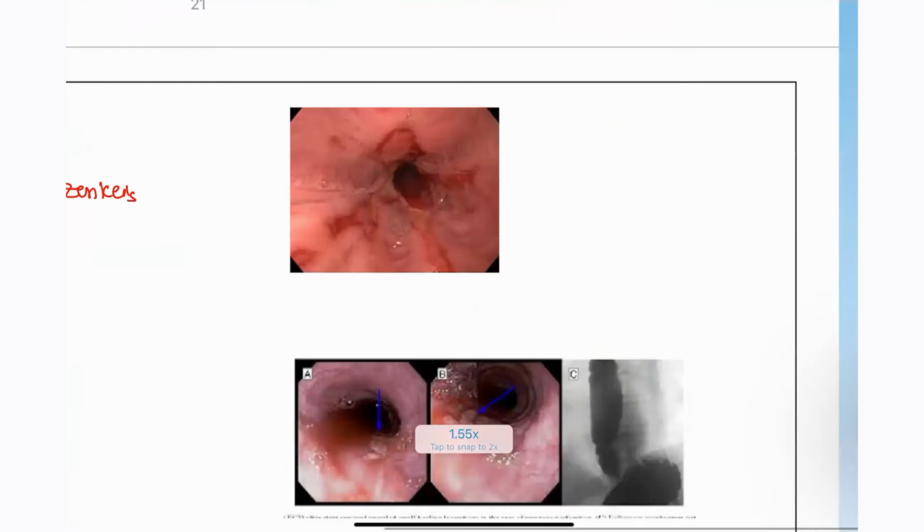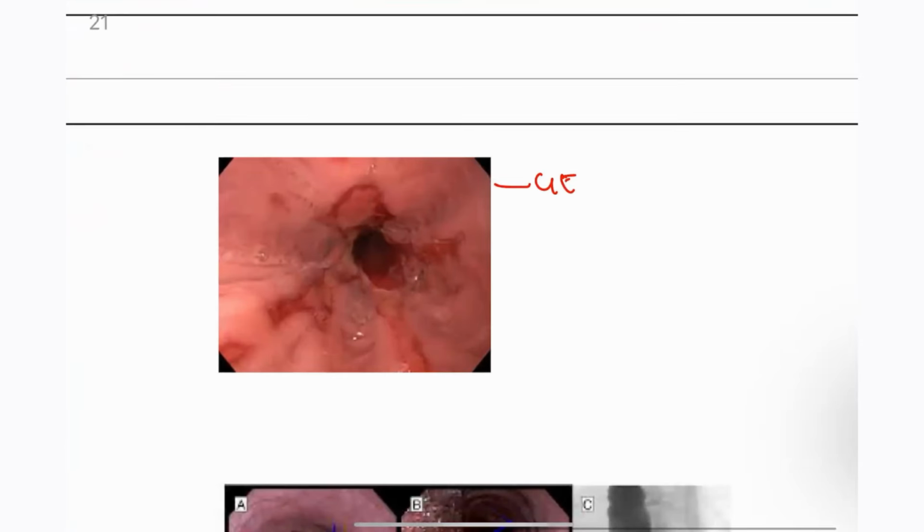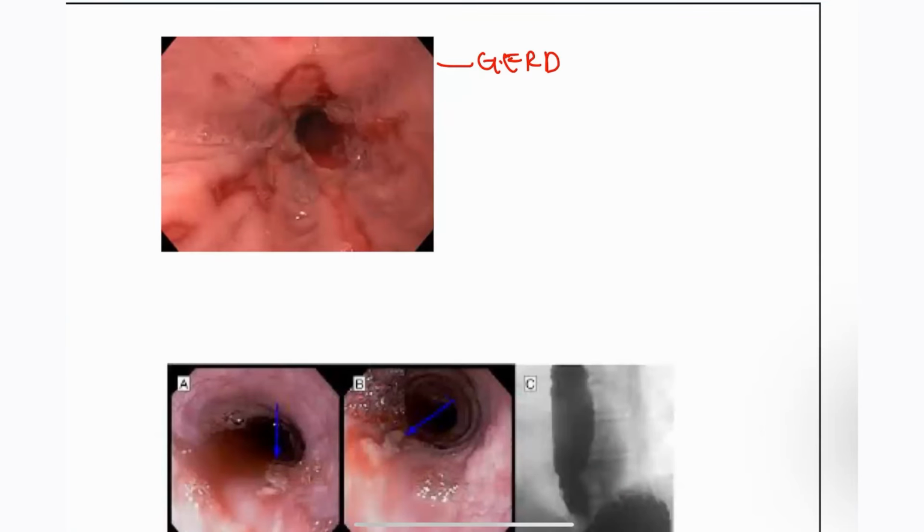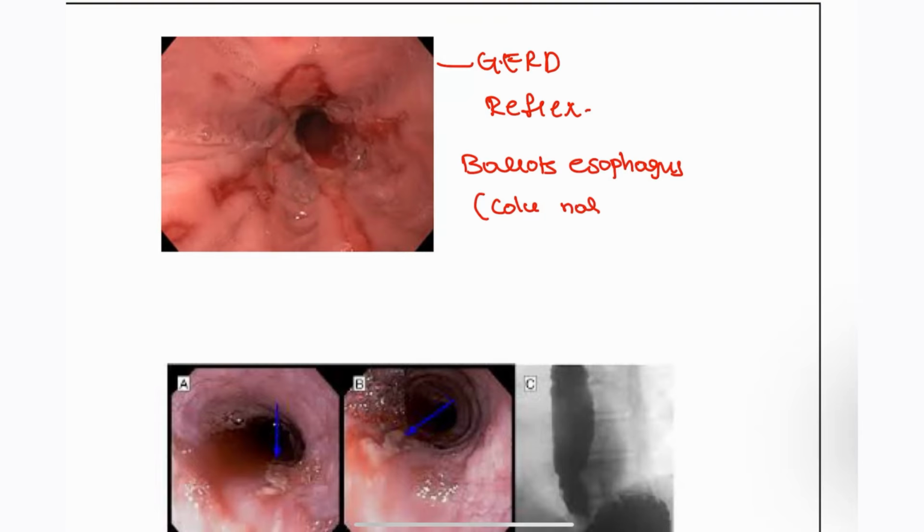Next, this is the condition of GERD. Regurgitation will be seen in this patient. There is a lack of relaxation, and at the same time reflux is also seen. What complication can we expect in this patient? Barrett's esophagus, which is actually columnar metaplasia, and it can progress to carcinoma.